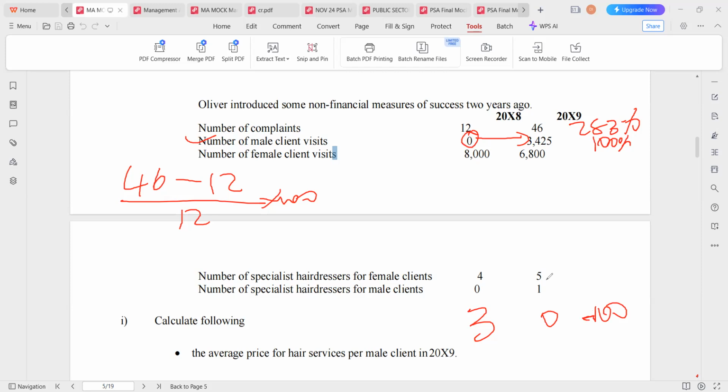So those were the calculations. Okay, so we are done with the computation.